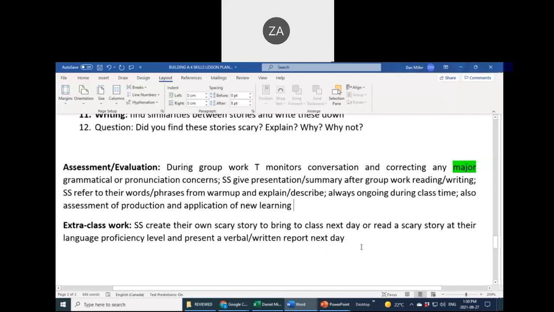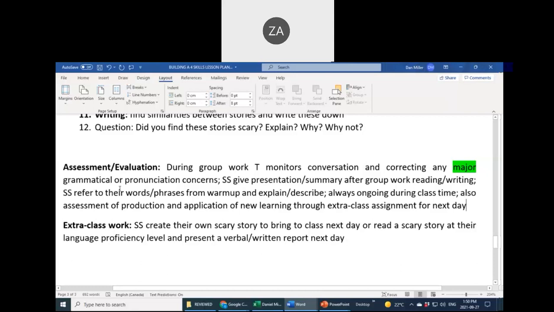Yes. That was my own suggestion. Yeah, that's right. And you just described it again. So also the assessment of production and application of new learning through extra class assignment. I think these two kind of overlap with each other. Am I right? I think this is the reason I make this mistake all the time.